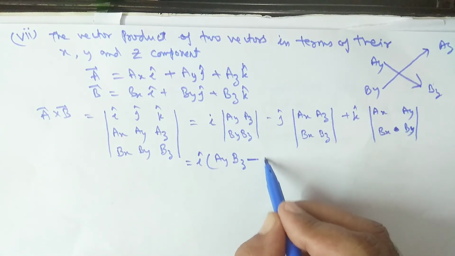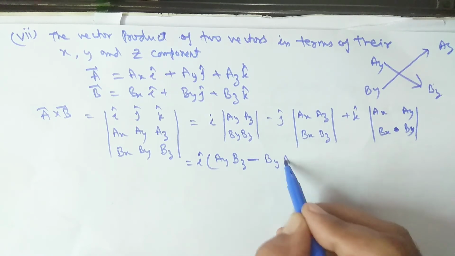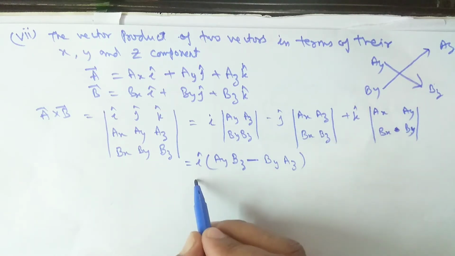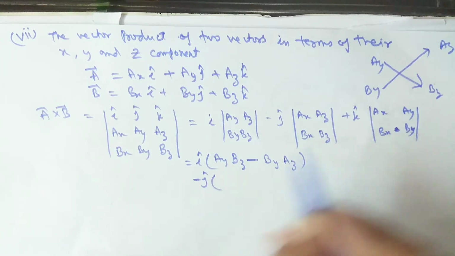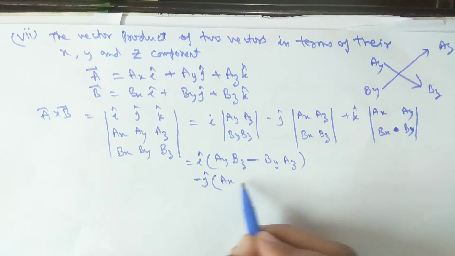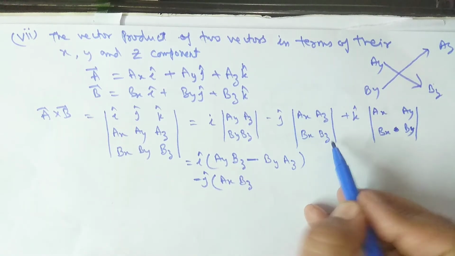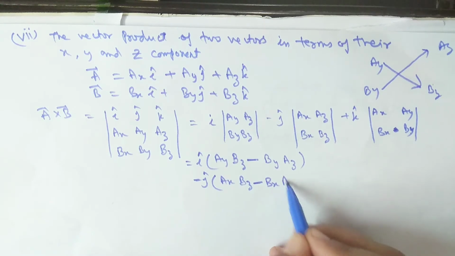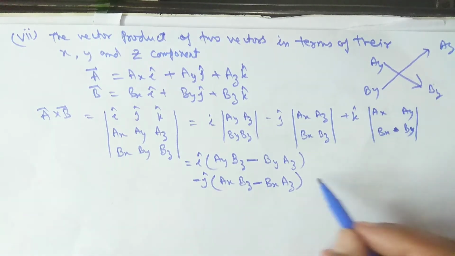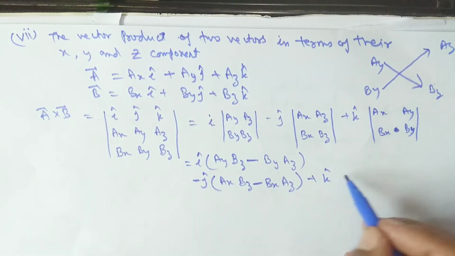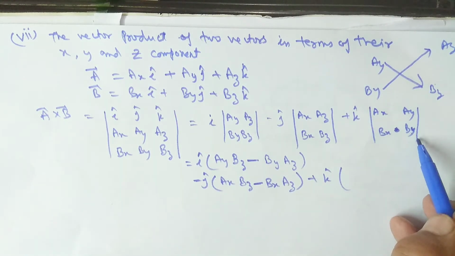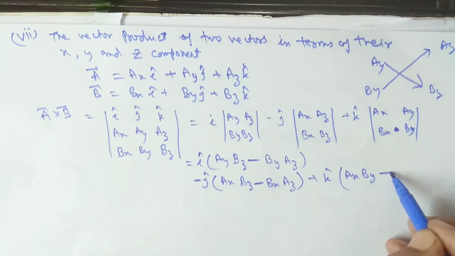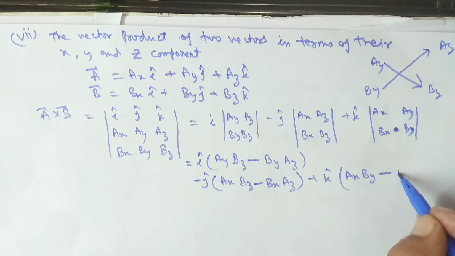Remember students, this is the method. Now for the minus J cap, apply the same thing: Ax Bz minus Bx Az. And now for K cap, in the same way: Ax By minus Bx Ay.